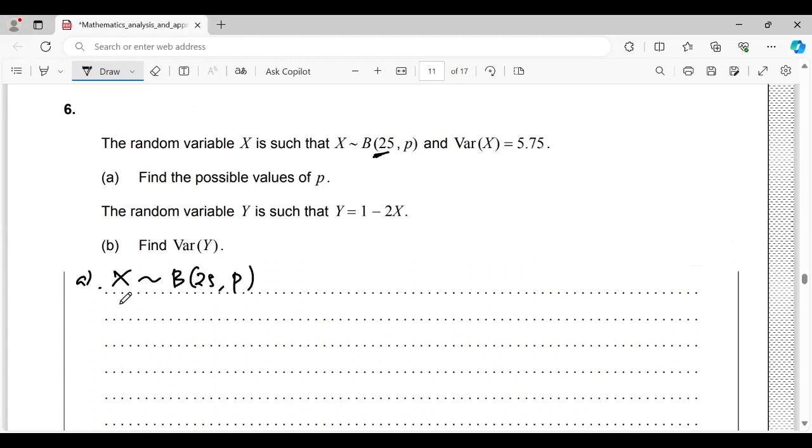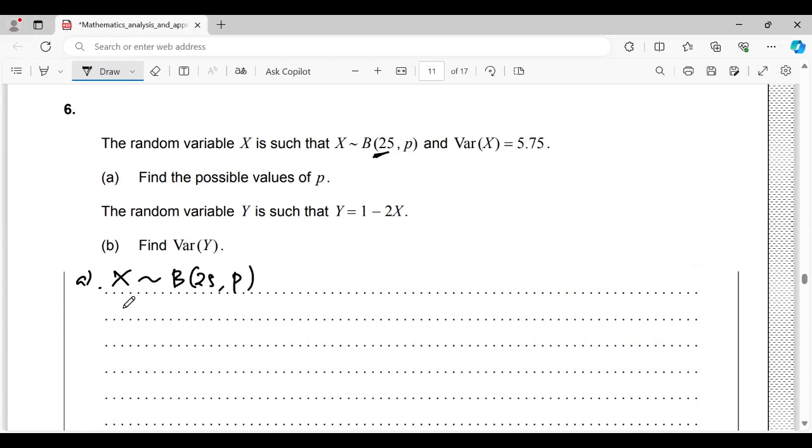X is a binomial random variable with N equals 25 and P as parameters.